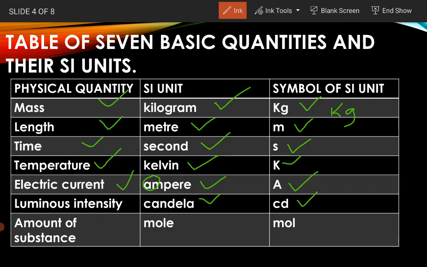Amount of substance is measured in what is called moles, and the symbol is M-O-L. But when written in full, it has to be M-O-L-E.